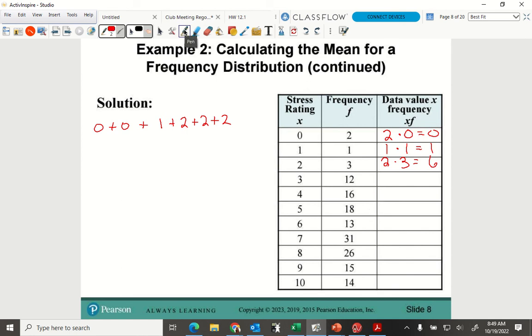So now the next one's going to be 3 times 12, 4 times 16, 5 times 18, 6 times 13, 7 times 31, 8 times 26, 9 times 15, and 10 times 14. Some of these you might actually need to go off to the side to do your math to try and figure out what they are.